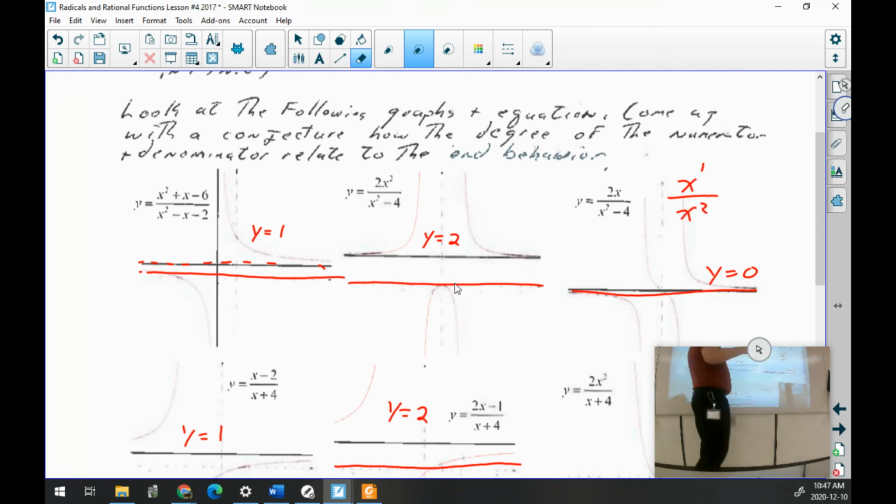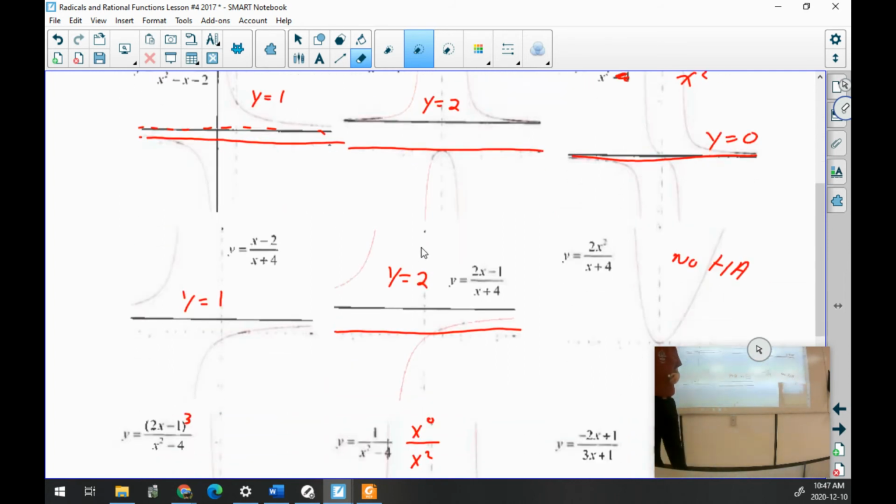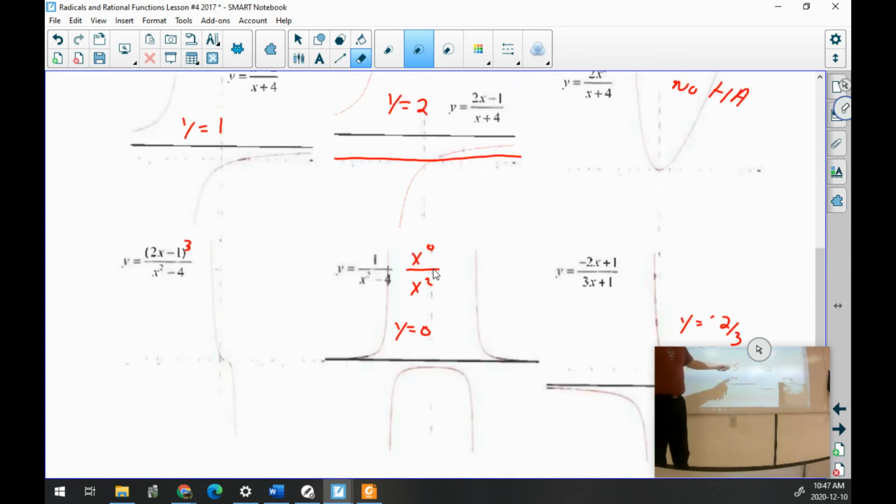I don't care about the 4. If you think about this, as numbers get really, really big, this 4 really doesn't matter. So it really reduces down to 2x over x squared. And what happens here, in this case and the bottom case, is that as the numbers get bigger, the denominator, the squared part, overpowers the numerator.